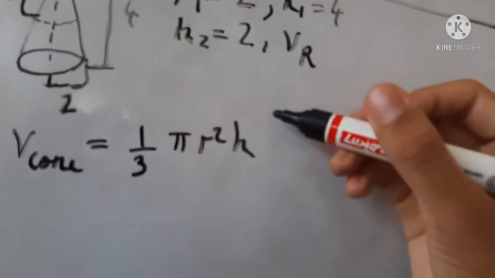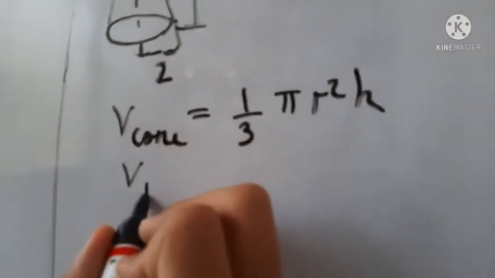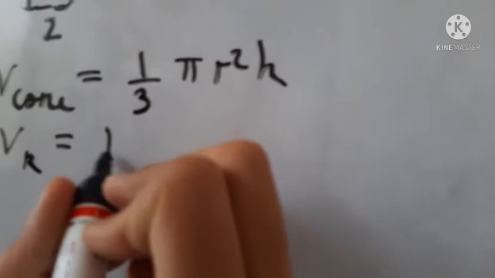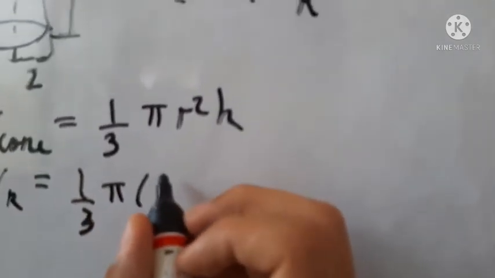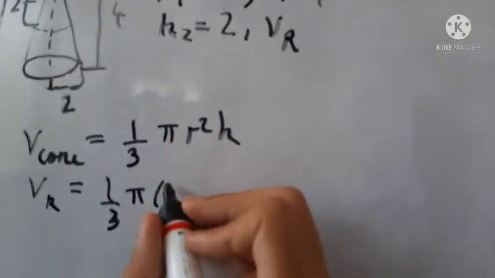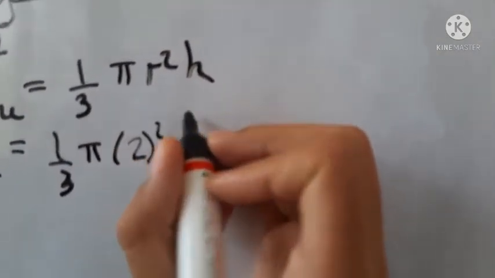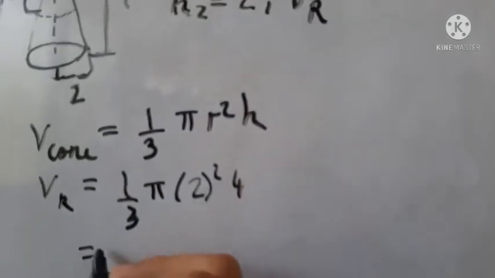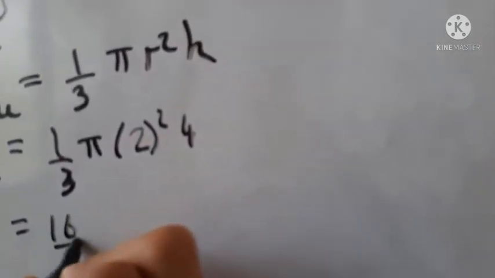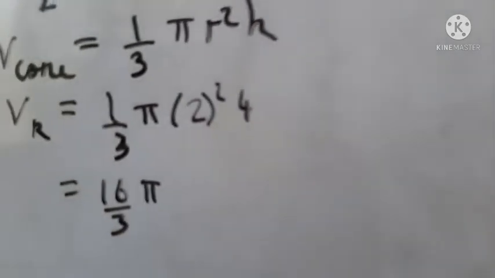First we'll derive the V of the entire chocolate. V of K is short for Kiss. A third pi, r is 2 in our case, we are using r1 right now, 2 squared, and h is 4. So we get 4 times 4, that's 16 over 3 pi.